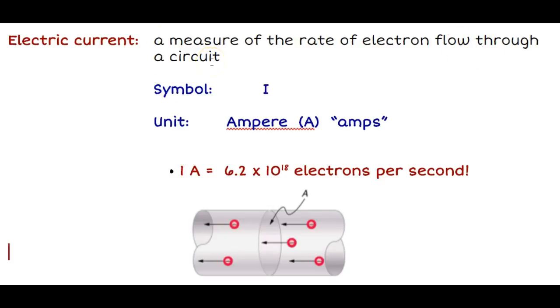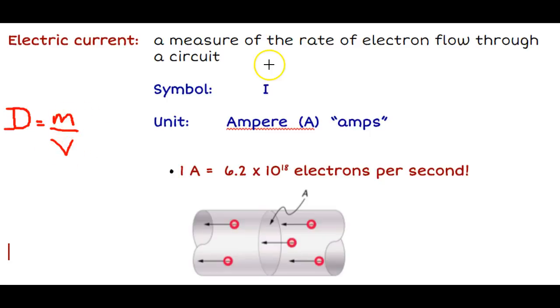So there are some interesting symbols that we use. I'm going to relate this to something else that we've seen before. You may remember in the chemistry unit we looked at density, and density had the symbol D in the formula, and density was equal to mass divided by volume. And so we used the symbols M and V to represent mass and volume respectively.